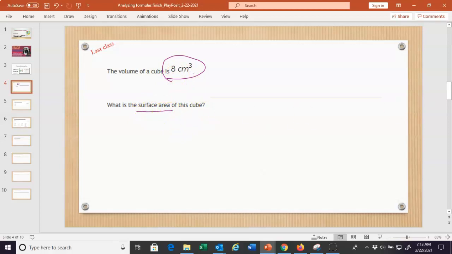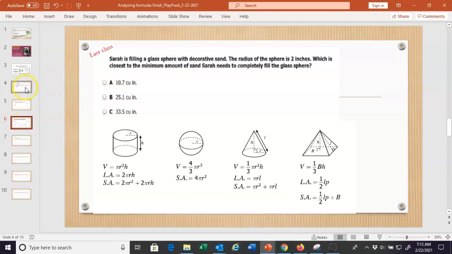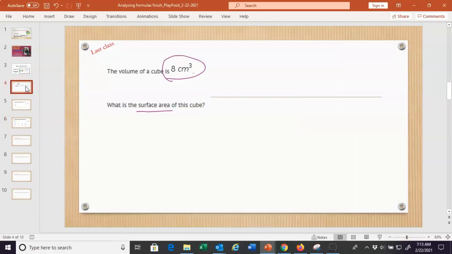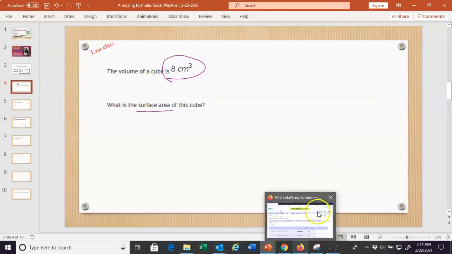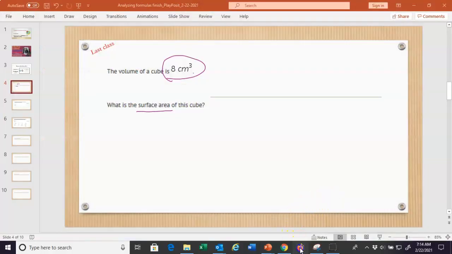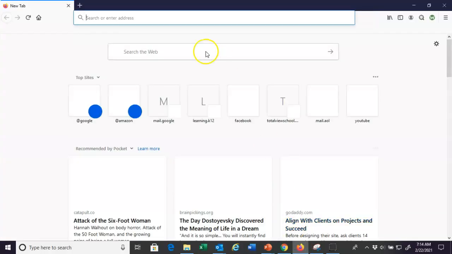So let me pull up our formula sheet. This is also going to be good practice so you can remember how to find it.